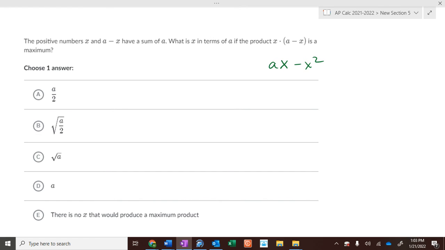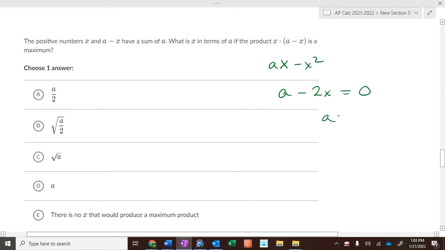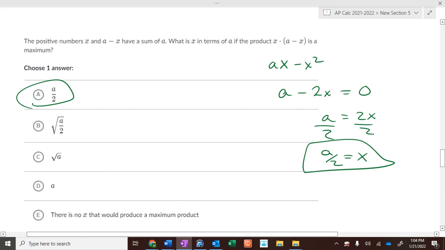First derivative. What's the first derivative of this? A is a number. A minus 2x. Set it equal to 0. They're wondering what x would be in terms of a. So a divided by 2 is x. Choice A.